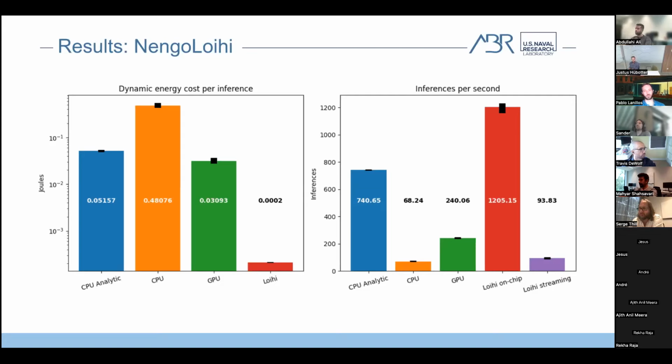But as soon as we are forced to always have that computer in the loop, we're not really able to make use of that very low cost per inference. Yeah, definitely. This is another thing that's a matter of wills. It is technically possible to set it up so that information is directly streaming onto the Loihi and then directly coming back out.